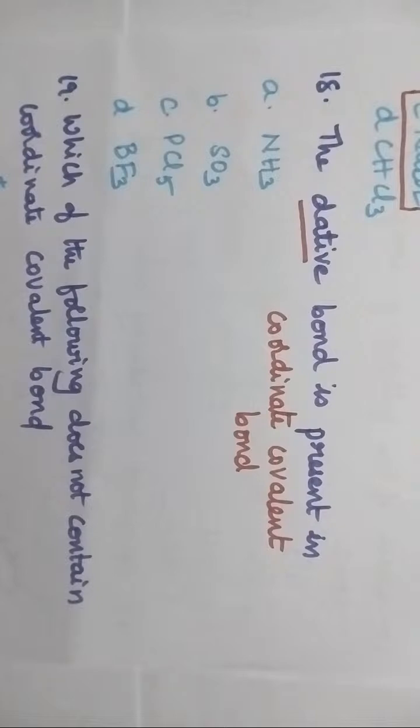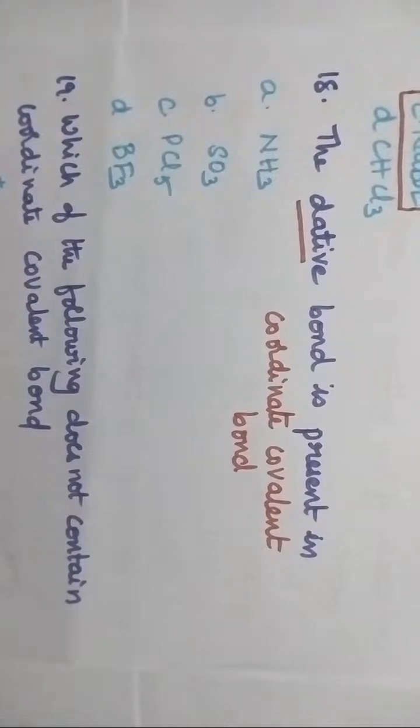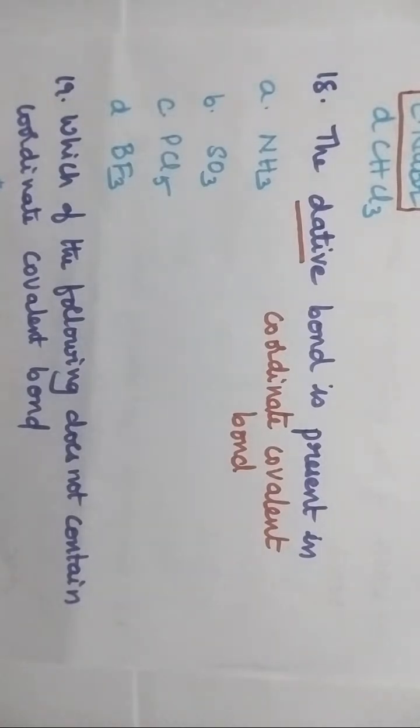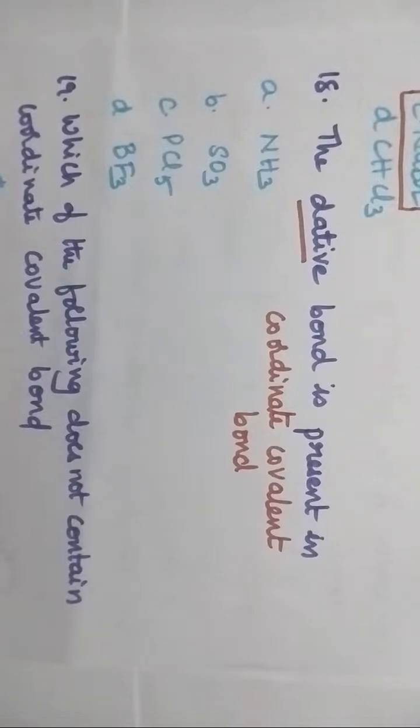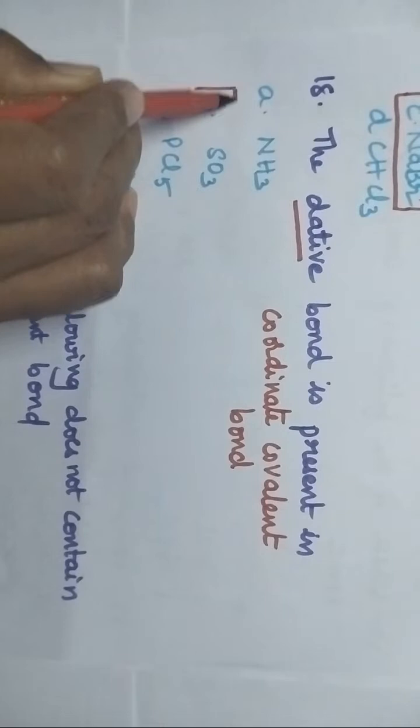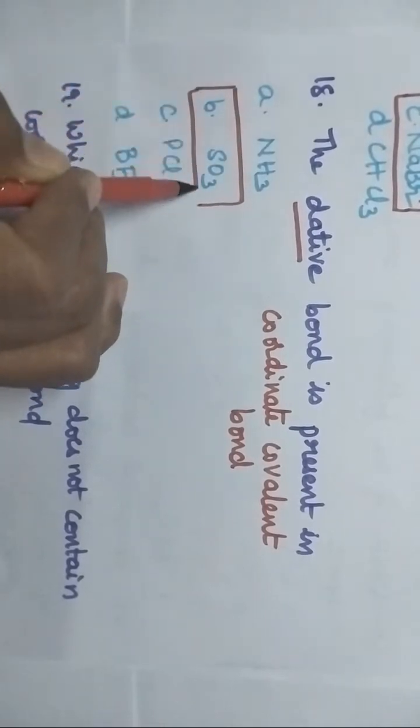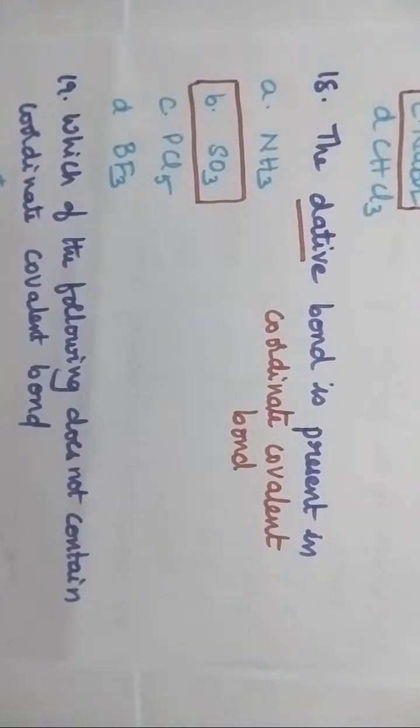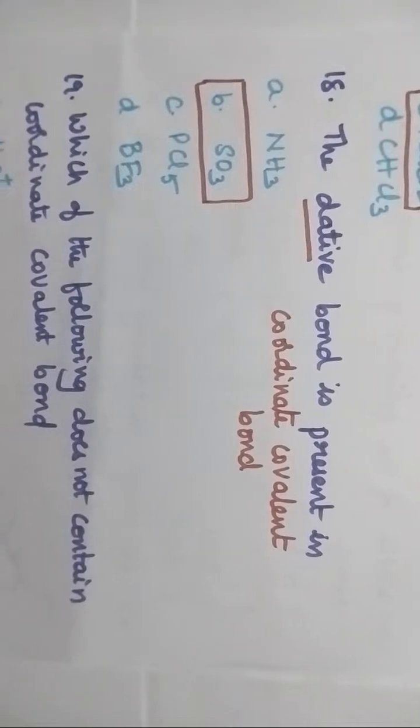Ammonium ion contains coordinate covalent bond. Very good. Sarath Kumar, very good. So, SO3, option B is the right answer. Oxides of sulfur generally contain coordinate covalent bond.